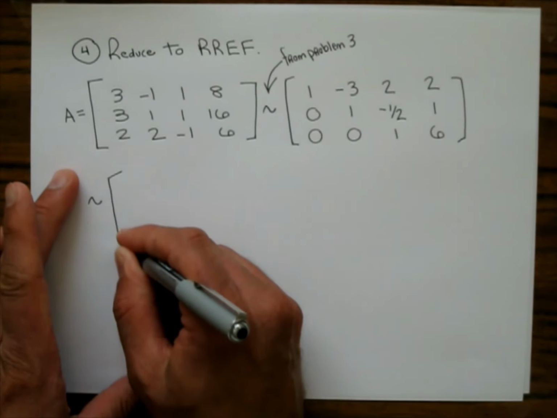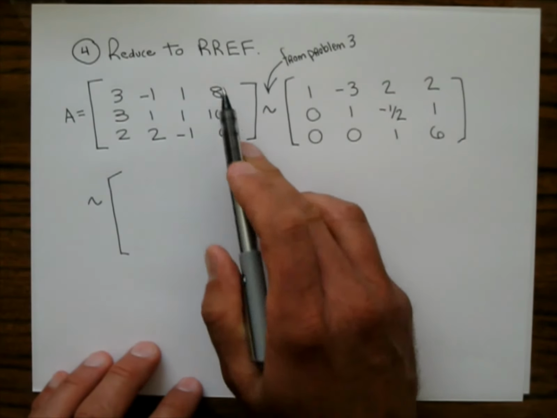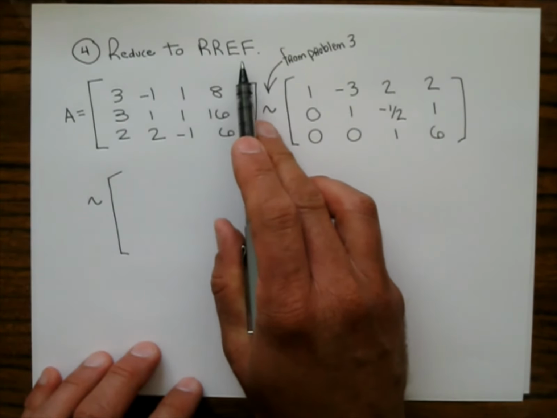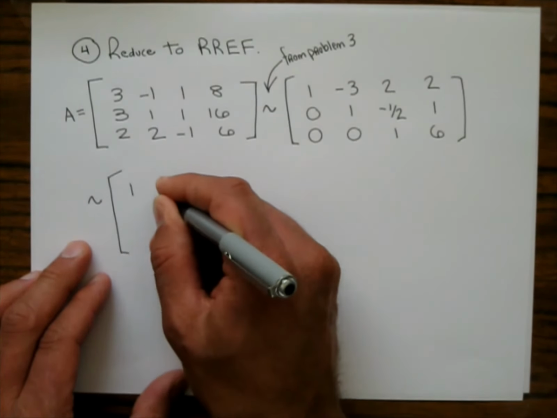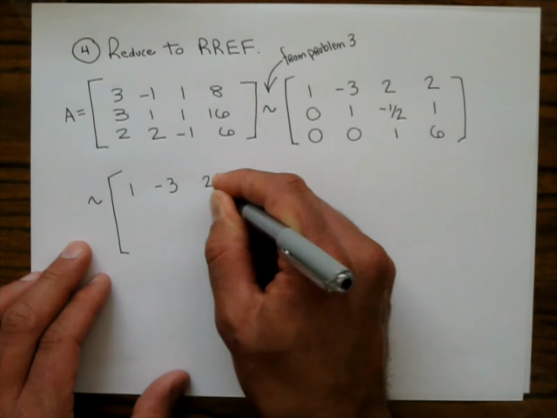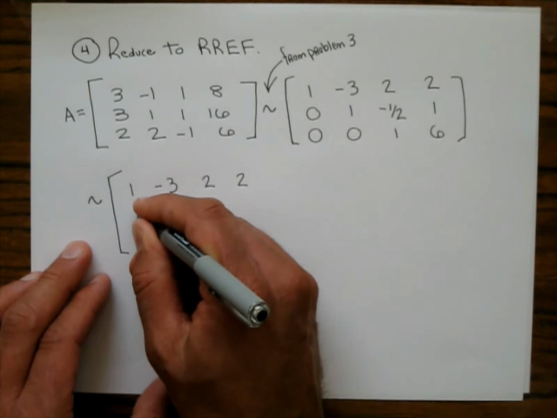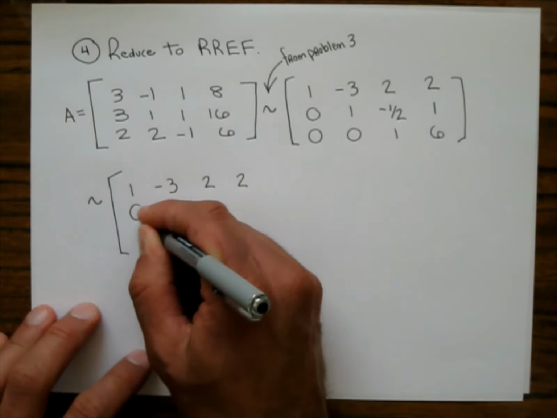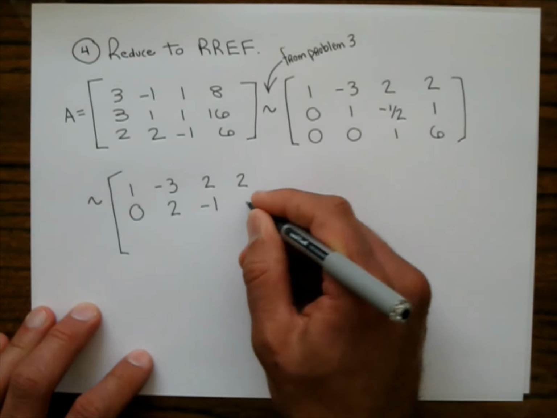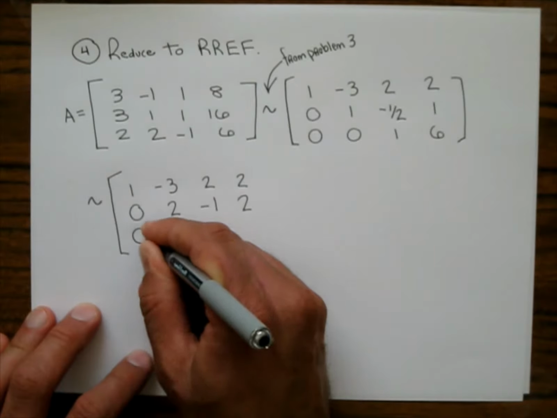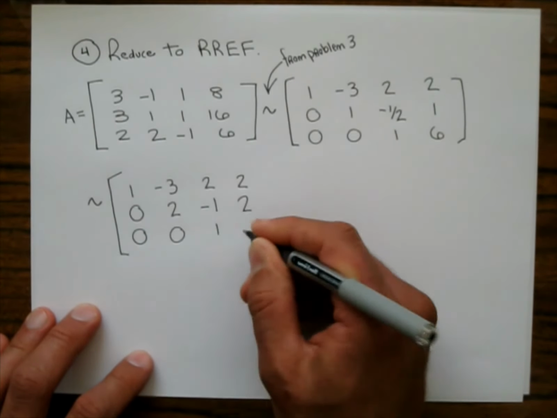Now, if it didn't ask me to put it in just regular row echelon form, I would have actually written 1, -3, 2, 2, and then 0, 2, -1, 2, and then 0, 0, 1, 6.